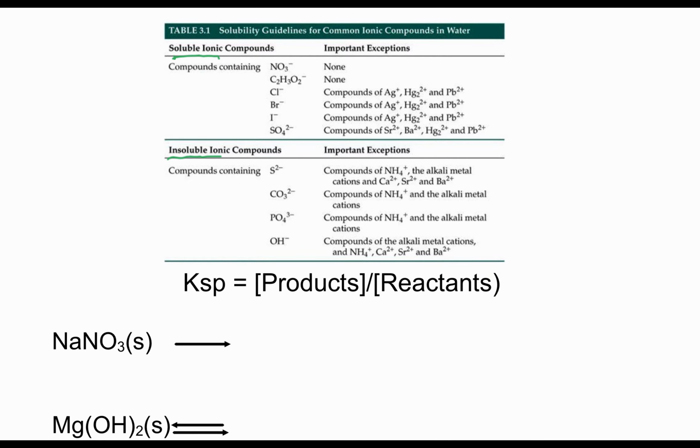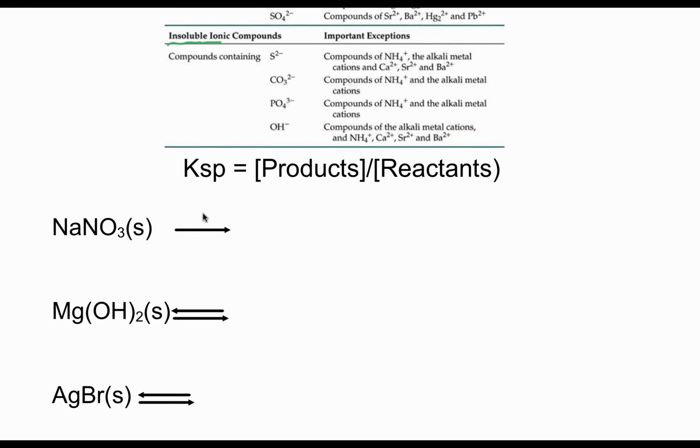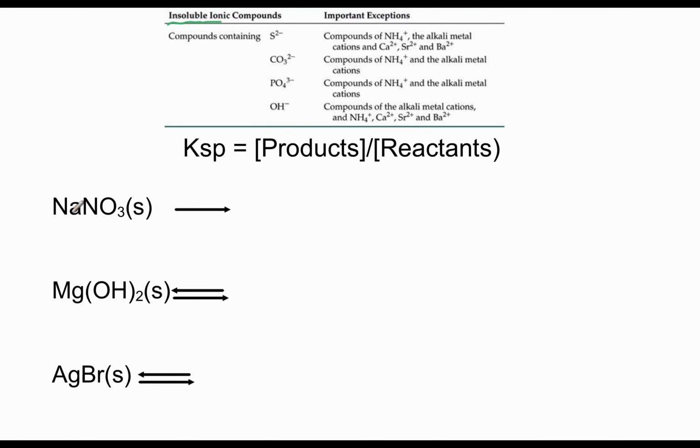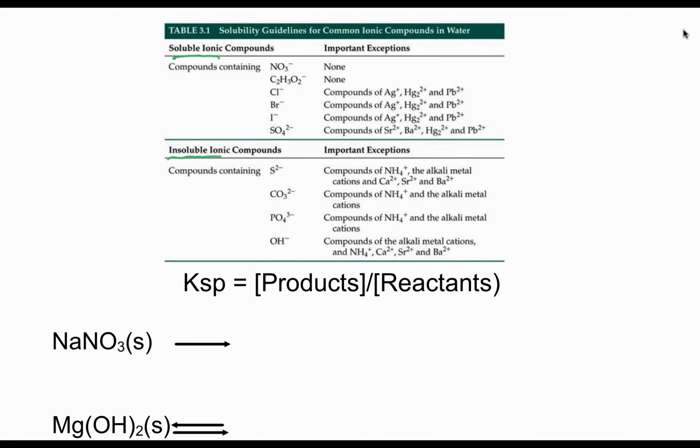If we're looking at KSPs for these equations down here, we first of all have to determine if they're soluble or not. Sodium nitrate, according to the first rule, is a nitrate, and there are no important exceptions for solubility. This is going to dissociate, and you'll notice that I've done just a forward arrow here into Na+ aqueous plus NO3-, the nitrate anion, aqueous.